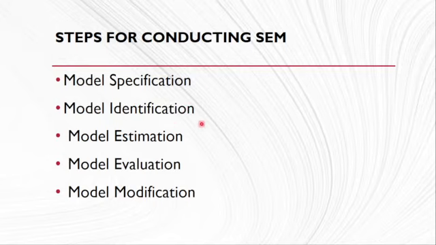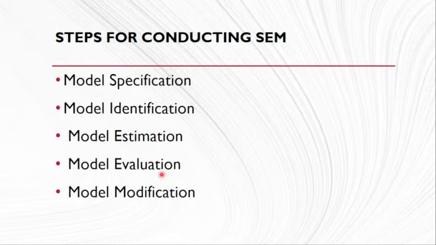The second one is model identification. That is to check if the model is over identified, just identified, or under identified. Only if it is just identified or over identified, the model coefficients can be estimated. So the third step, model coefficients, will be estimated only if it is a just identified or over identified model.